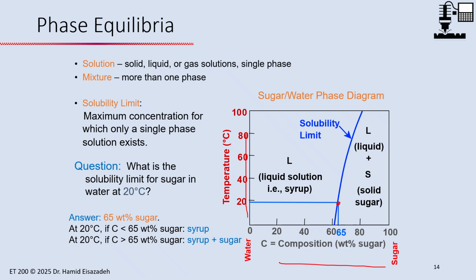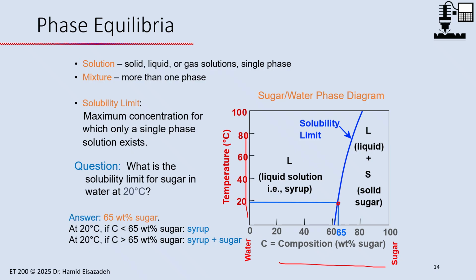As you go here, the amount of sugar increases and the amount of water decreases, right? But as you see, if you increase the temperature, the solubility limit goes this way.